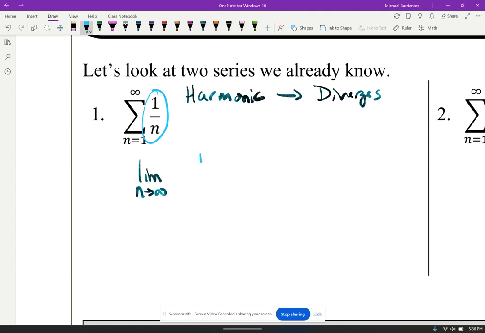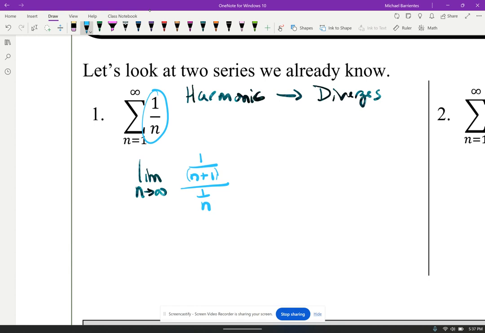So that's going to leave me with 1 over n plus 1. Divided by the nth term, which is the formula itself, which would be 1 over n. I need to take the limit of this setup. When I do, that'll give me an answer, hopefully, and then that answer should point me to what happens to the series that we started with.